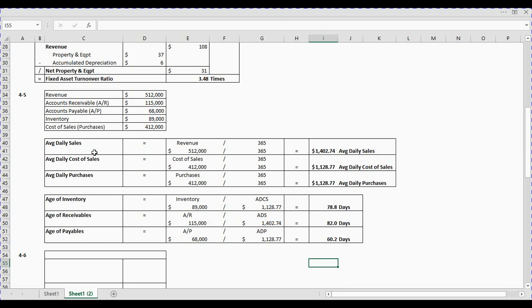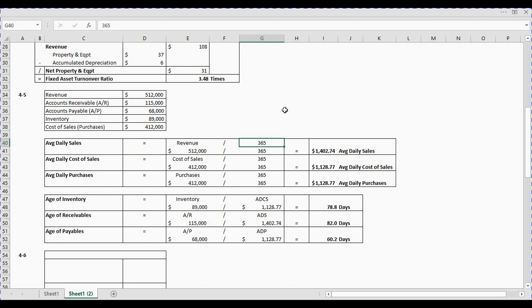So average daily sales is really just what were our revenues. We can tell this is for a year, obviously, that's why it's divided by 365. If this was for a month or a quarter, I would have the number of days in that month or quarter there as opposed to 365.